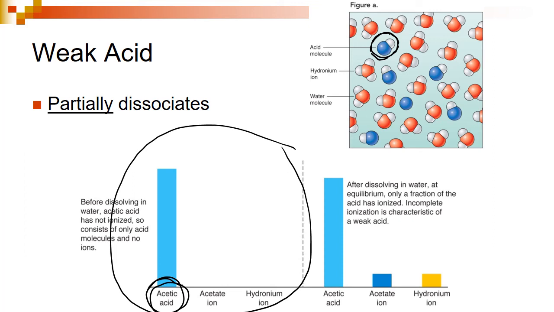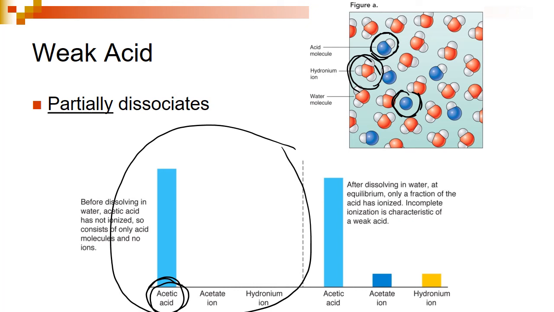Now, when we put it in water, part of those acid molecules are going to dissociate. So here's an example of part of it that's dissociated, and here is the hydronium that kind of goes along with it. So the blue and the white separated from one another. The white got attached, or it reacted with a water molecule to form that hydronium. The blue is left by itself.